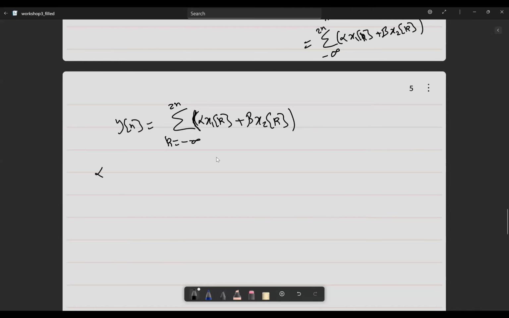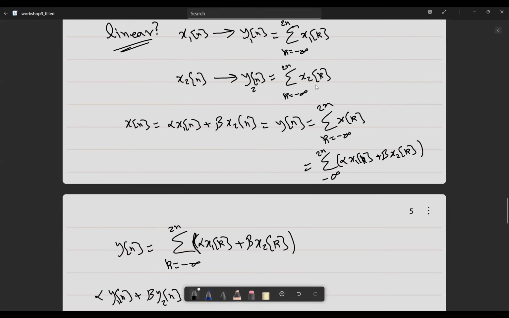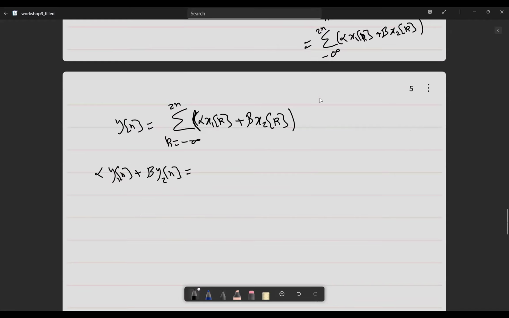On the other hand, we have alpha y1[n] plus beta y2[n] equals alpha times the summation of x1[k] plus beta times the summation up to 2n of x2[k].